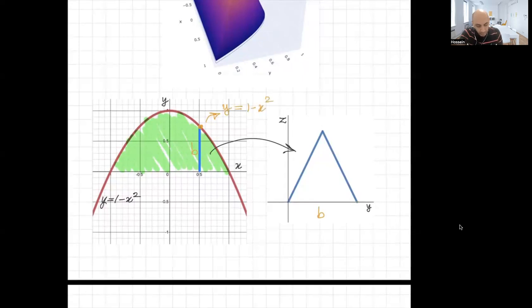That point corresponds to this point on the right side. And we know that this cross section is at a distance x from the y-axis.